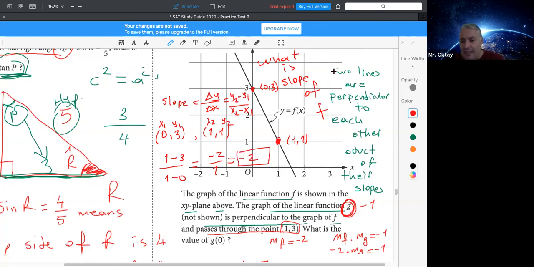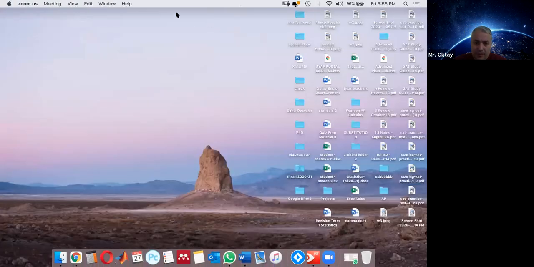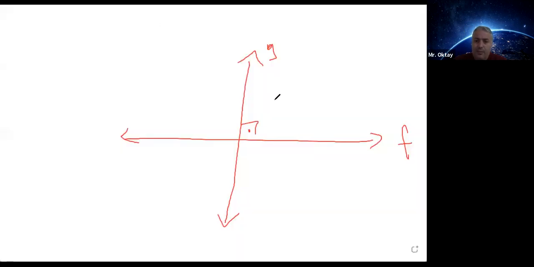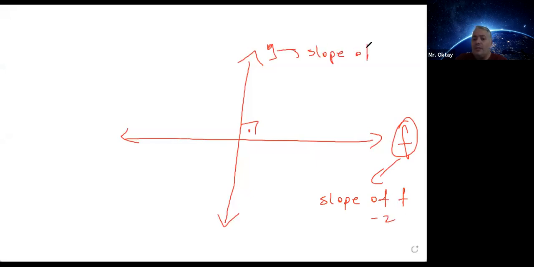So if two lines are perpendicular to each other, the product of their slopes must be negative 1. So in my question, for the function f, we know the slope of f is negative 2. So what is the slope of g?